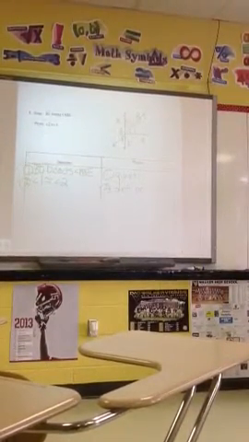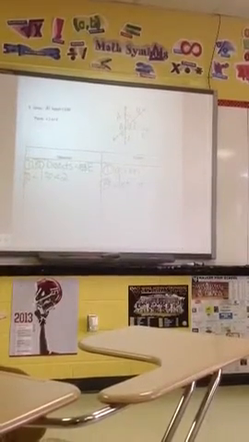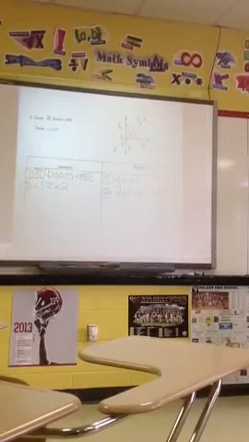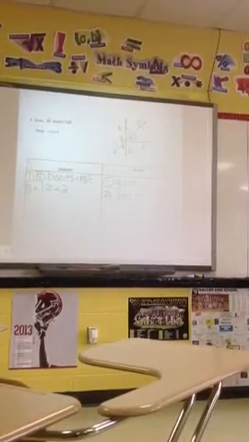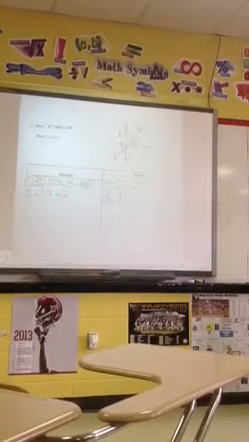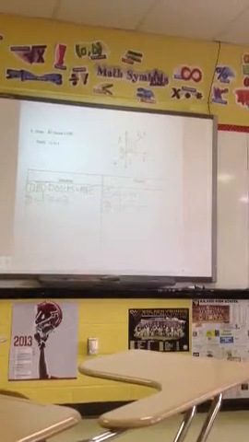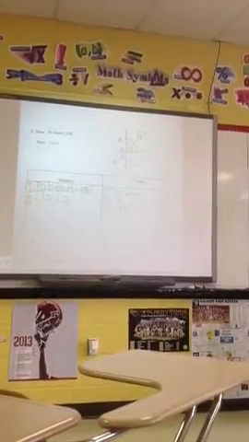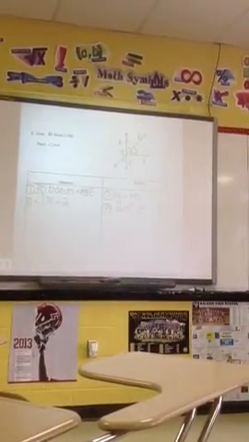Oh, it looks perpendicular, doesn't it? Hold up. But does it say perpendicular? Where is there a right angle? You're looking at it and saying it looks like one, so it's got to be one. We could say if 2 lines are perpendicular, then they form congruent adjacent angles. But they don't say that they're perpendicular.